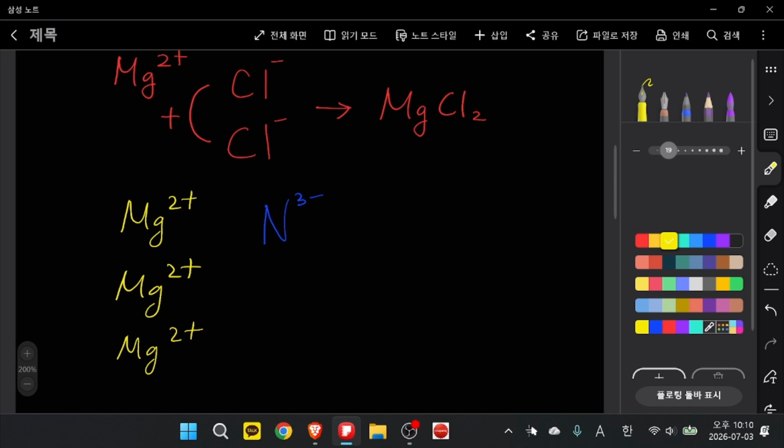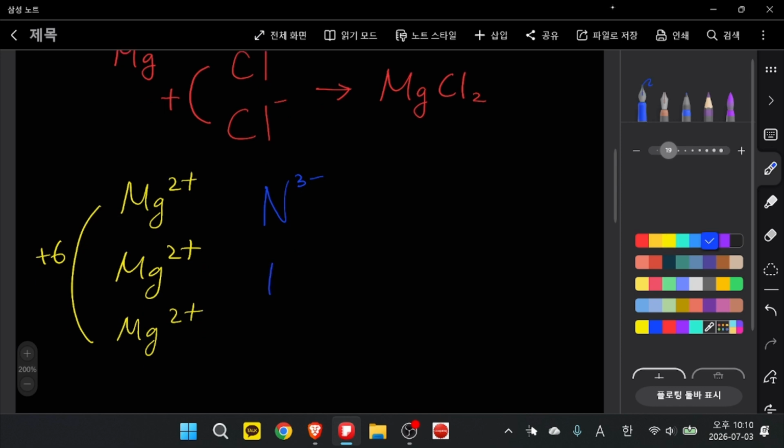Three magnesium ions have a total charge of +6. Two nitride ions have a total charge of -6. Since the total positive and negative charges are equal, they combine to form a neutral compound.